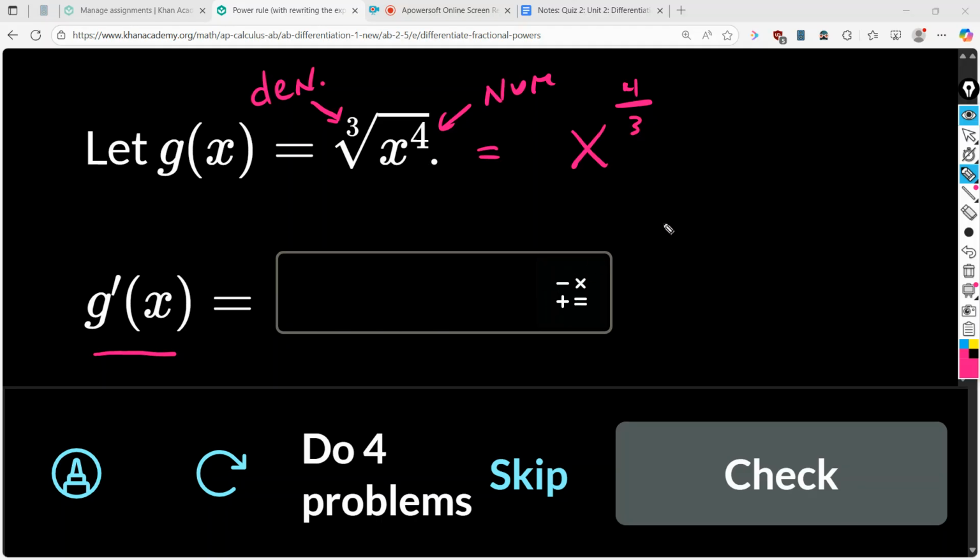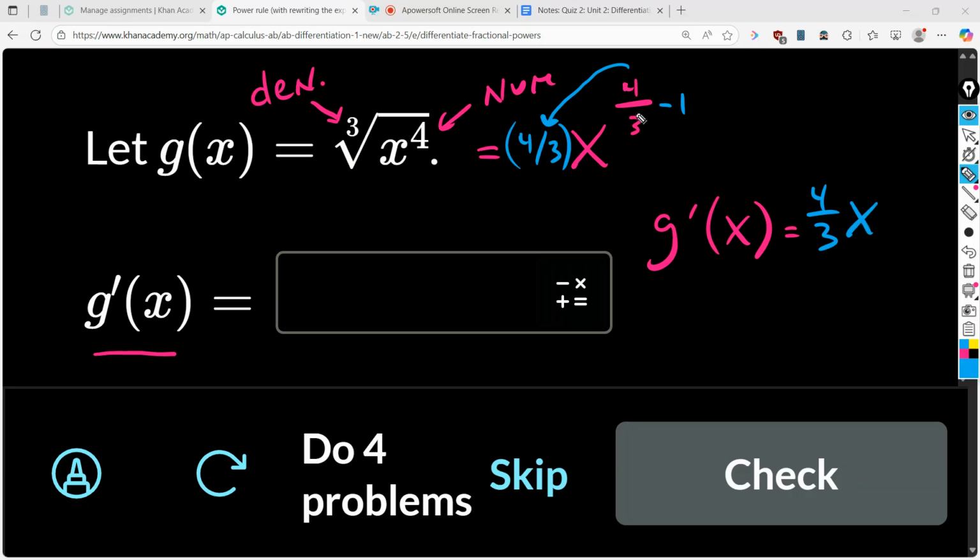Now we can apply our derivative. Okay, if we want to do g prime of x, recall that you just take the exponent, you move that out front, and then you subtract 1 from the exponent. So the 4/3 is going to be out front, times x, and x is going to have an exponent of 4/3 minus 1.